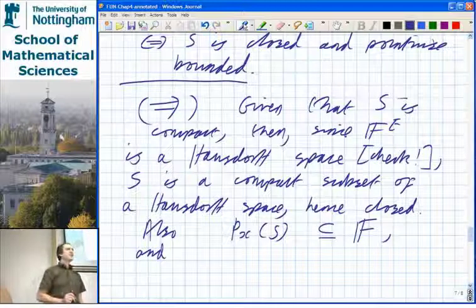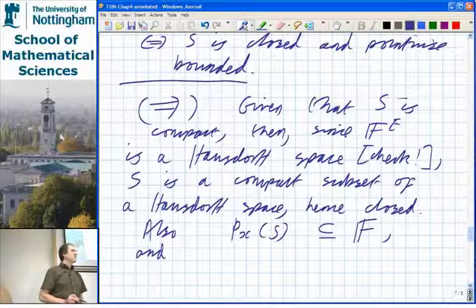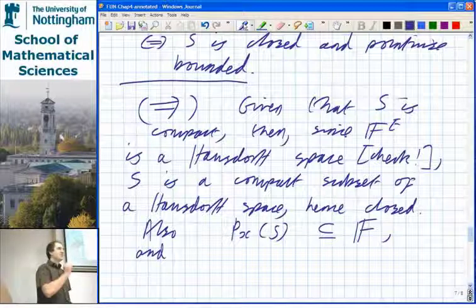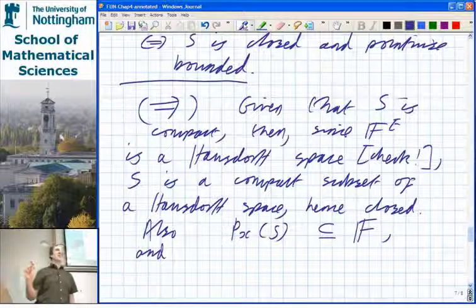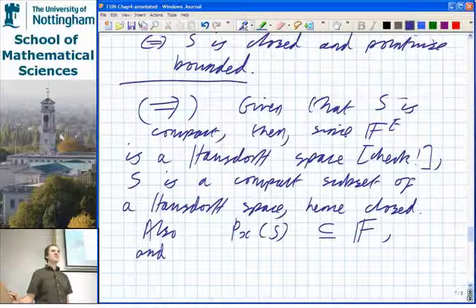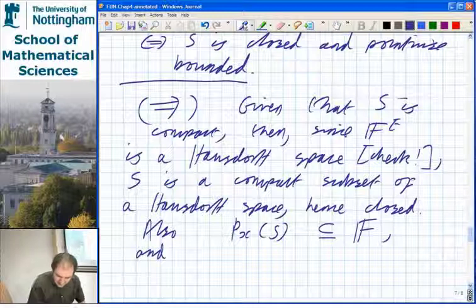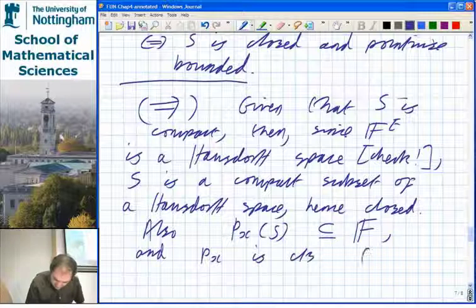Who can tell me some important property of coordinate projections on a product space? In fact, what's the definition of the product topology? What's the single most important thing about coordinate projections when you're dealing with a product topology? Any suggestions? Continuous, exactly. p_x is continuous. That's for x in E.